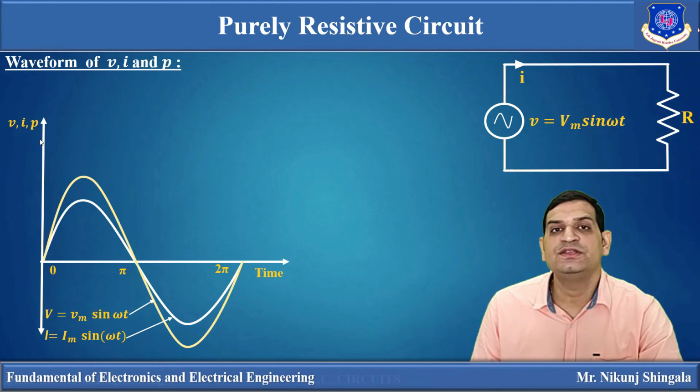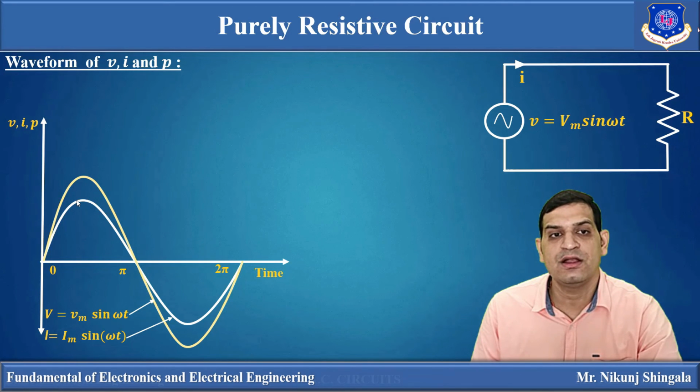Instantaneous power is nothing but the product of the instantaneous values of the voltage and current. So we have to multiply at every instant between 0 to 2 pi the voltage and current. At 0 the multiplication will be 0, at pi by 2 it will be maximum because both attain maximum value.